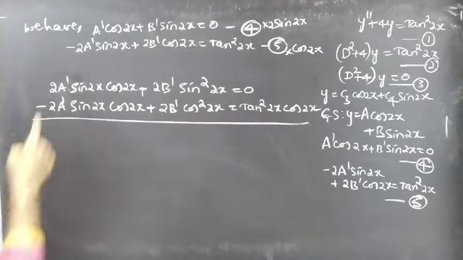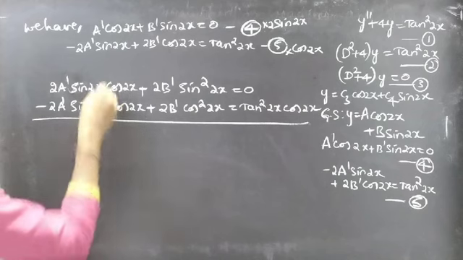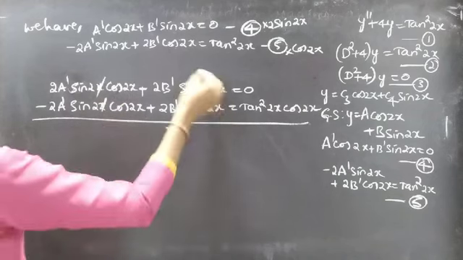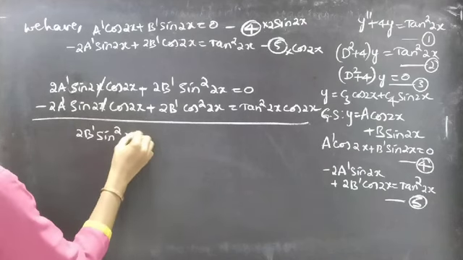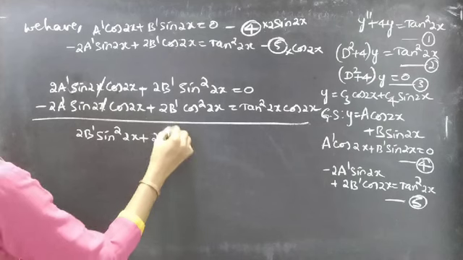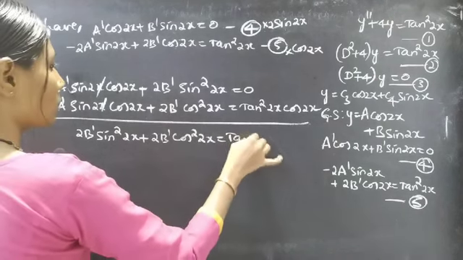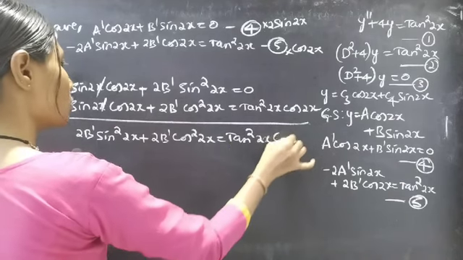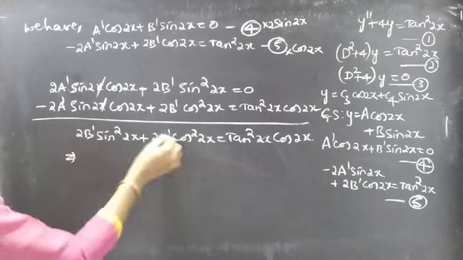Now we can cancel 2a' sin 2x cos 2x and minus 2a' sin 2x cos 2x, and here we'll get 2b' sin square 2x plus 2b' cos square 2x equals tan square 2x into cos 2x, right? Let's now take 2b' common from these two terms.